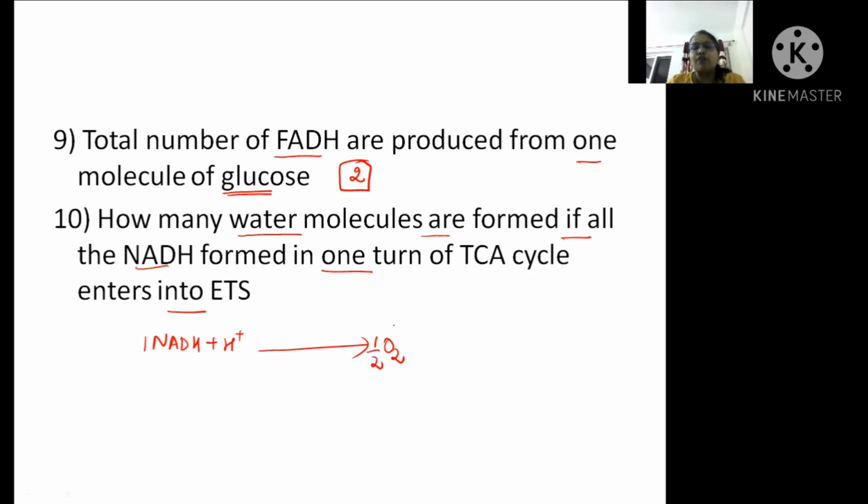So half molecule of oxygen will combine to form finally one water molecule. So one NADH gives rise to only one water molecule. Now in one turn of citric acid cycle, we make 3 NADH. So we are getting 3 water molecules. Clear, beta?